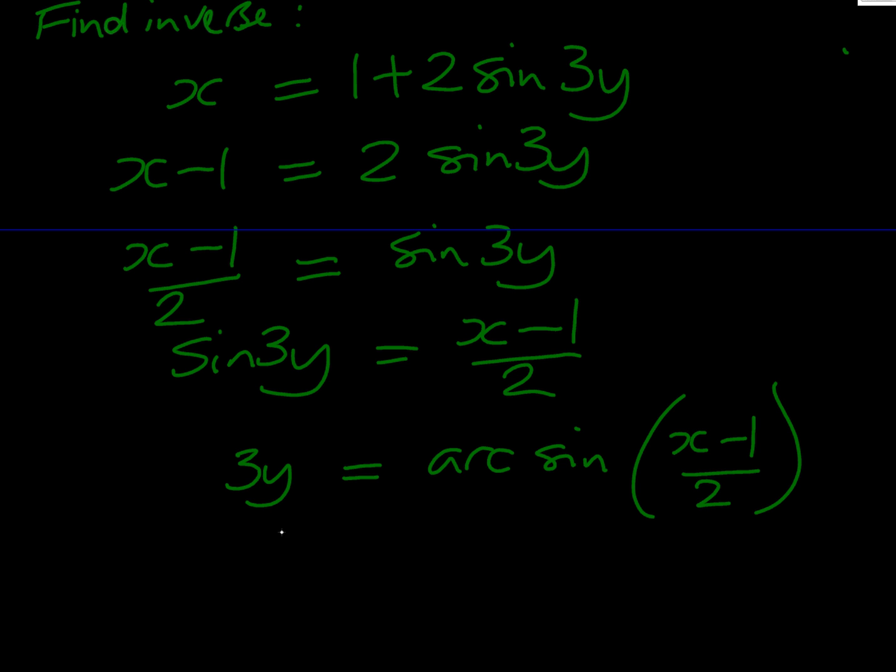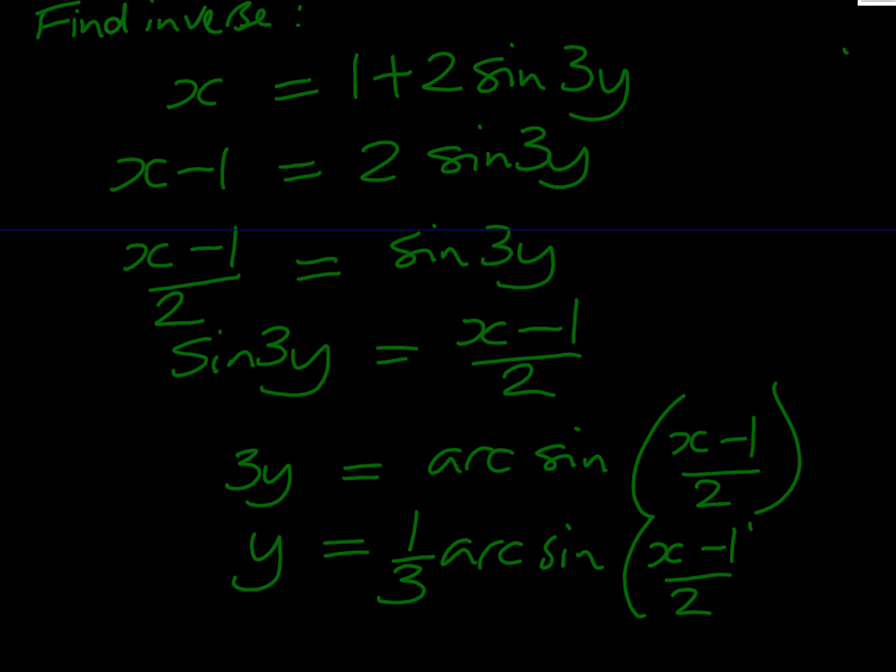So our final step is to write y equals 1/3 of the arc sine of x minus 1 over 2. So there's a classic first part to the question, and we've done that.